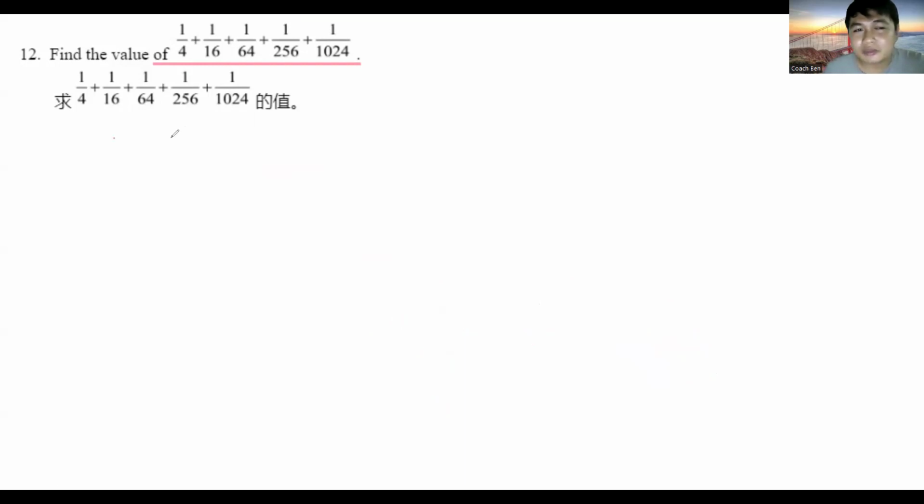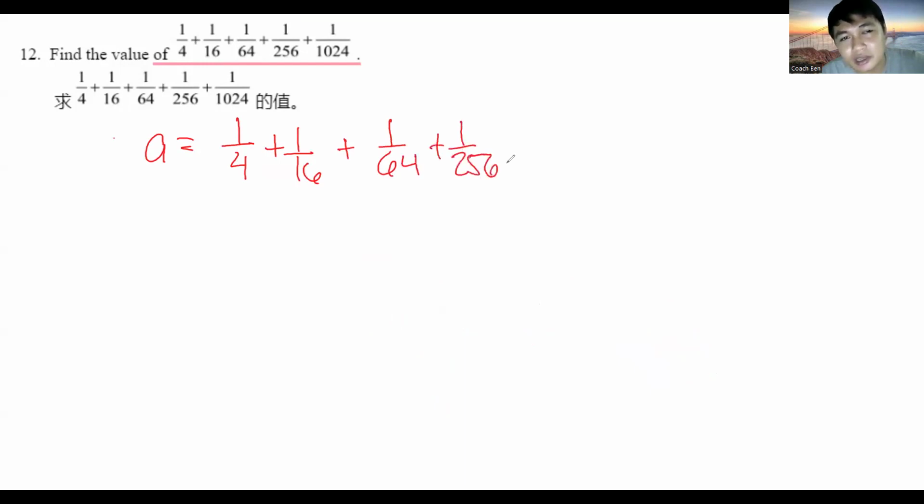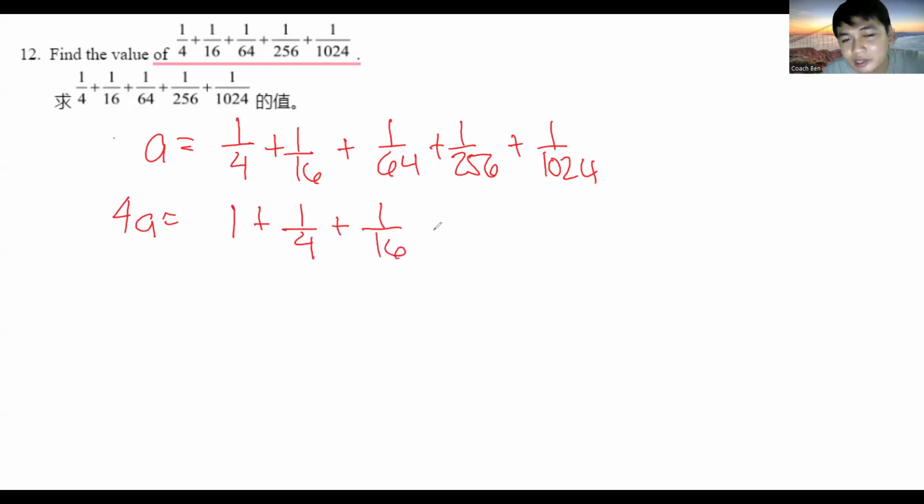So what they do for this problem is let's label this as A is equal to 1/4 plus 1 over 16, or this entire problem, plus 1 over 64 plus 1 over 256 plus 1 over 1024. That means 4A, or the value of this times 4, is equal to 1 plus 1 over 4 plus 1 over 16 plus 1 over 64 plus 1 over 256.